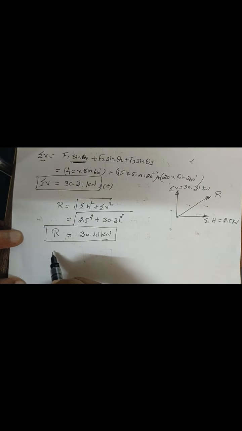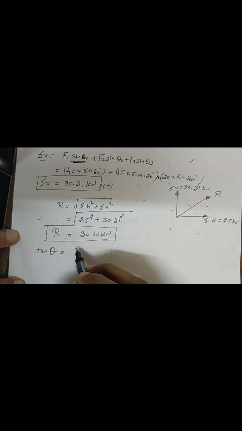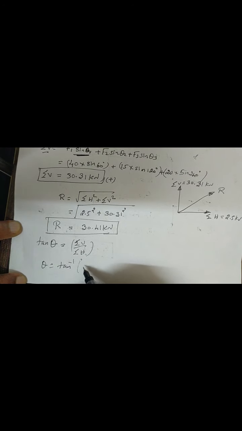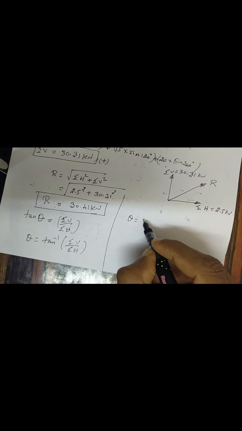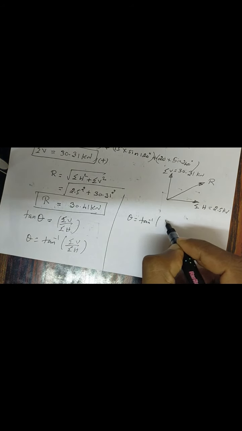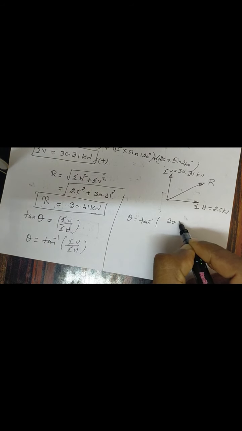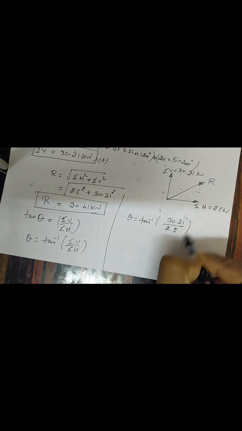Then what should we find from this problem? The direction of the resultant force. The formula is tan theta equal to summation of V divided by summation of H. So theta equal to tan inverse of summation of V divided by summation of H. We know all these values: theta equal to tan inverse of 30.31 divided by 2.5.